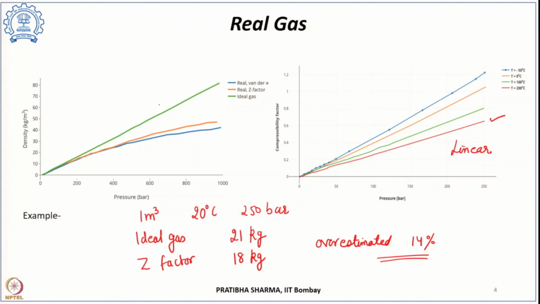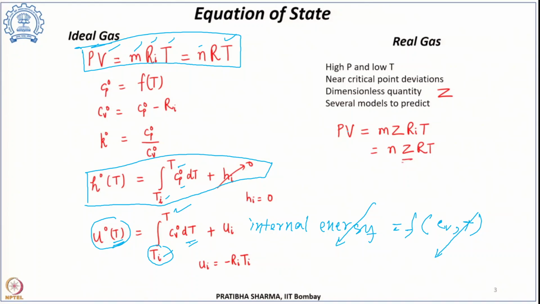One thing I forgot: these are all the equations for ideal gas conditions, but for real gas conditions you have to put in one extra factor, the compressibility factor. Z is the compressibility factor.